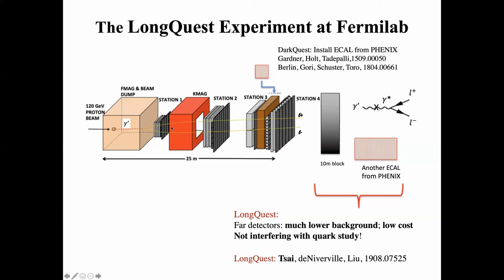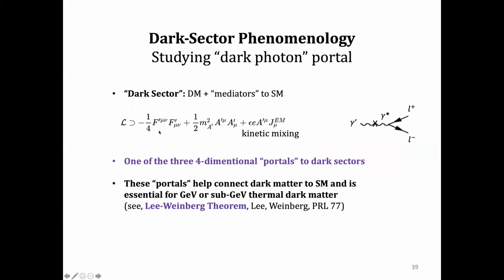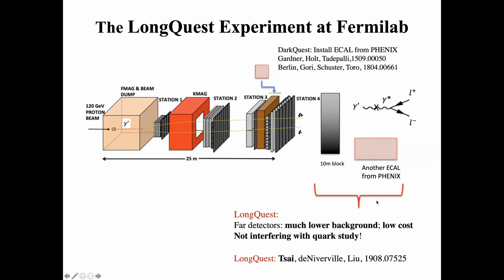And you also do not mess up this very nice nuclear measurement. So that would be my proposal. And we're writing a more detailed paper, but we have the concept in this paper now. So it will be much lower background, low cost, not interfering with the quark study. But the original idea is very clever and very nice. We just think that there is a slightly more convenient way to do it.